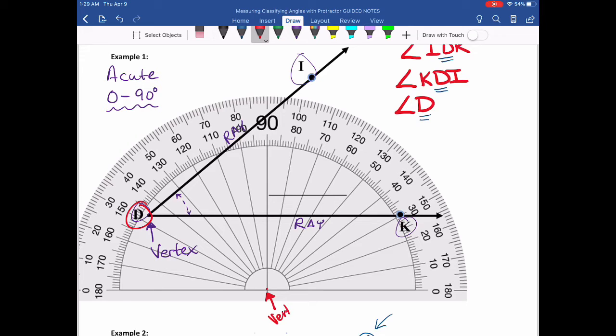You want to put the vertex of your angle on that point. One of these lines right here is either pointing at 0 or 180. You can have that flush along that line. But yeah, you want one of the rays along one of those lines.